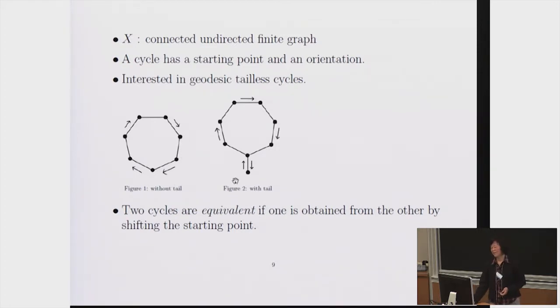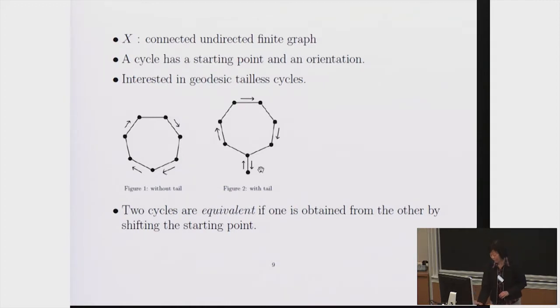The other one that I show you is a cycle with a tail. If I start from the end of the tail and walk around it, I do get a geodesic with no backtrack. But if I change the starting point, then you see that there will be a backtrack. So we don't want the cycles with tail. We only want the cycles without tail.